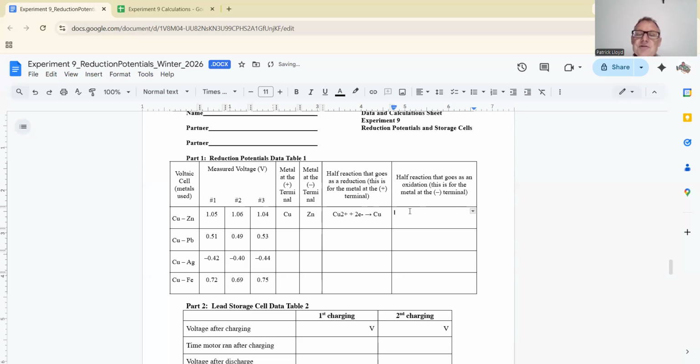A bit smaller there, sorry. There we go. Let's make this superscript, and the charges should be superscript 2, right?